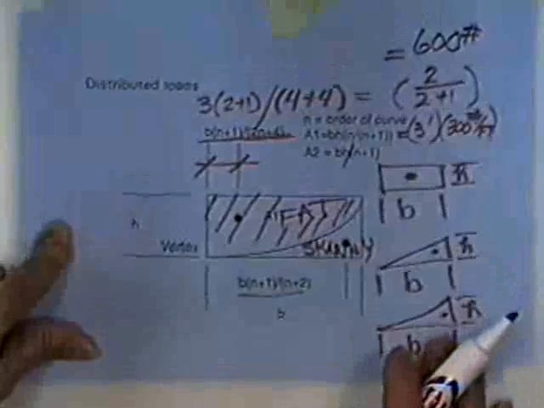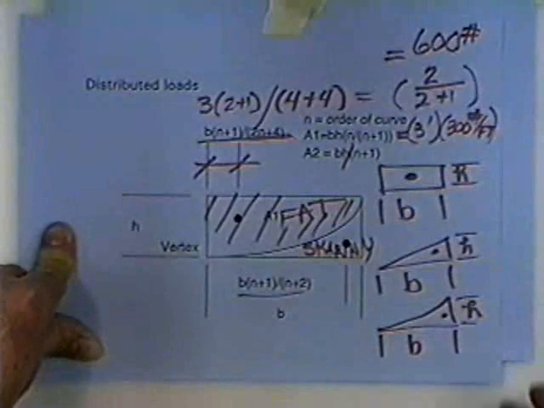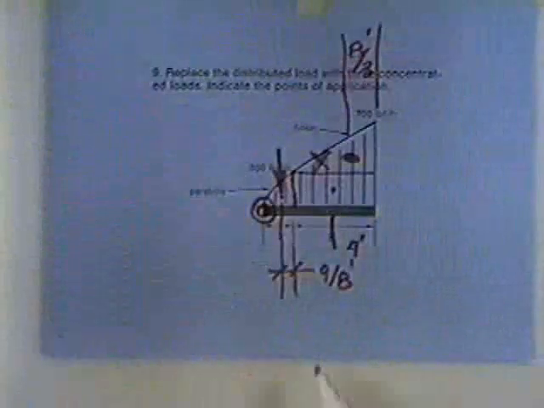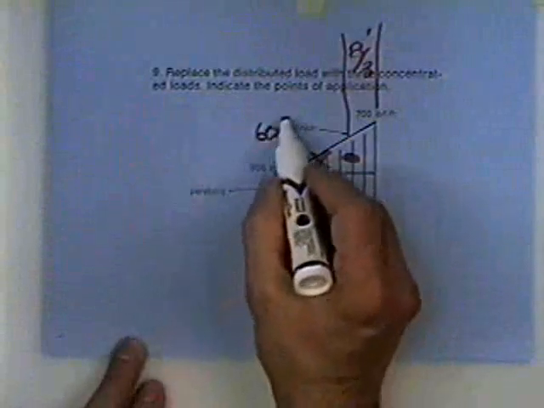In the real world, those forces are distributed. If you'd like to lie about it temporarily and put those forces at a single point, then you ought to put the 600 pounds at 9/8 from the center. So I put 600 pounds.